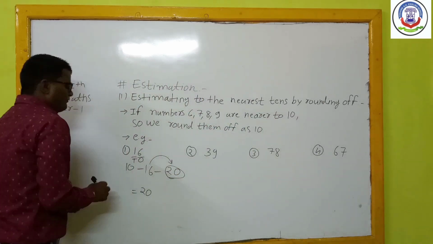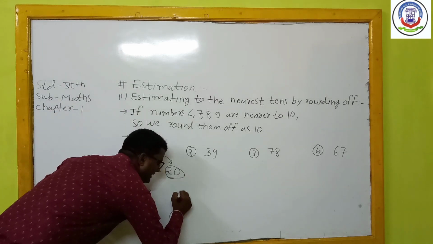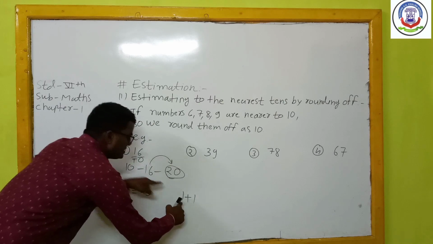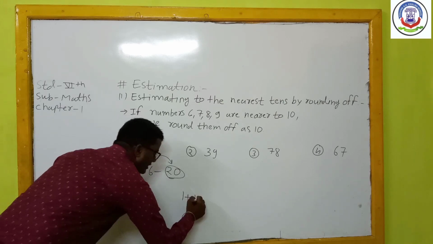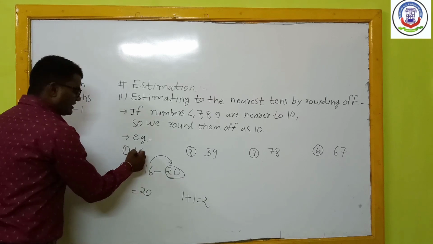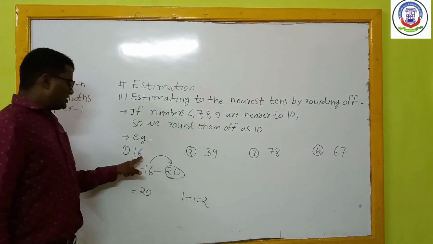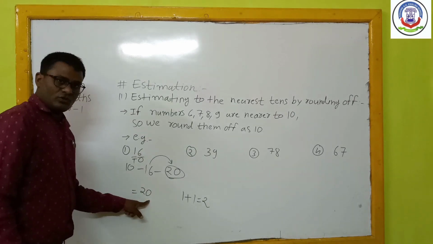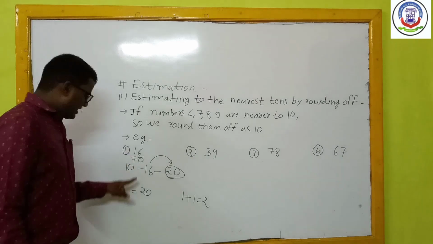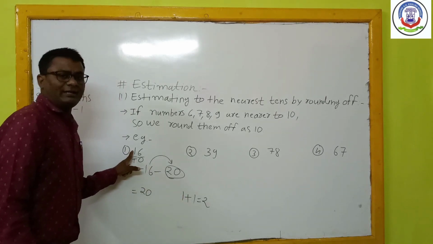Now I will add 1 to the tens place digit, and that is 1. Okay students, now it will become 2 and the digit at ones place will become 0. Here you can see the digit at ones place becomes 0, and the digit at tens place becomes 2 by adding 1 to this digit.